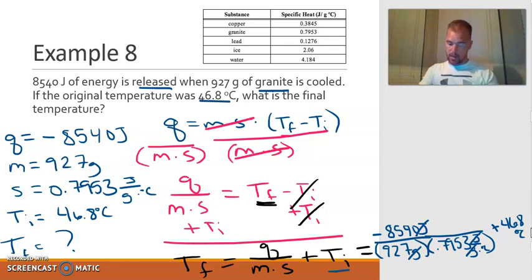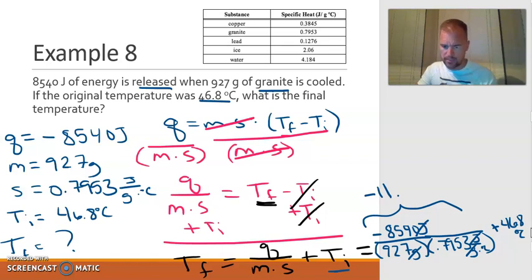So let's see. When I do negative 8,540 divided by 927 and then divided again by 0.7953, I end up getting this whole thing right here is negative 11. Let's see, negative 11 point, I'm keeping 3 sig figs, so negative 11.6 degrees Celsius.